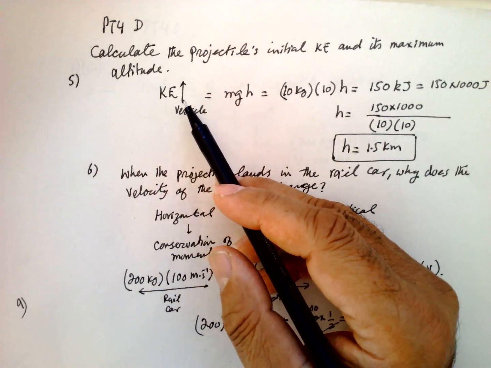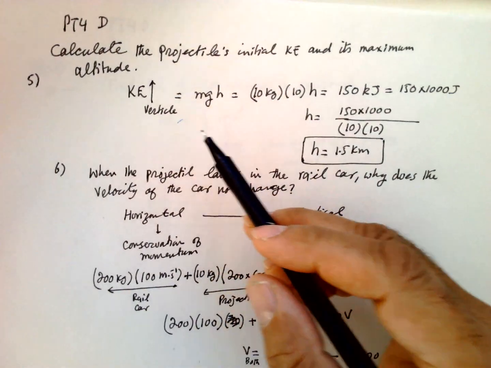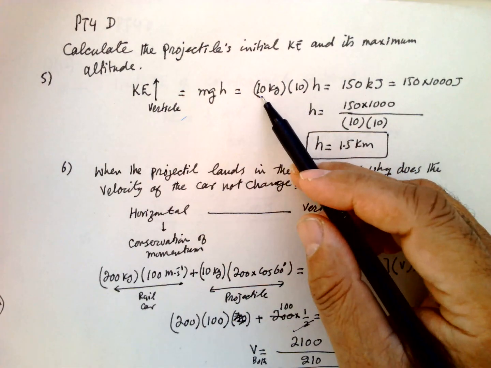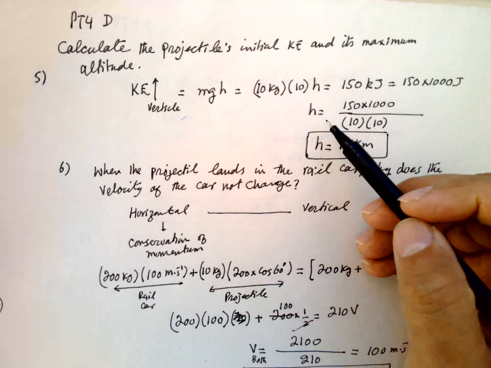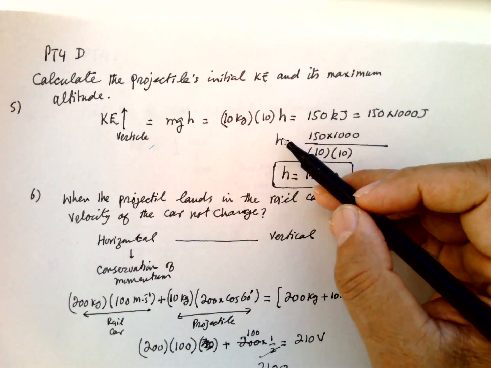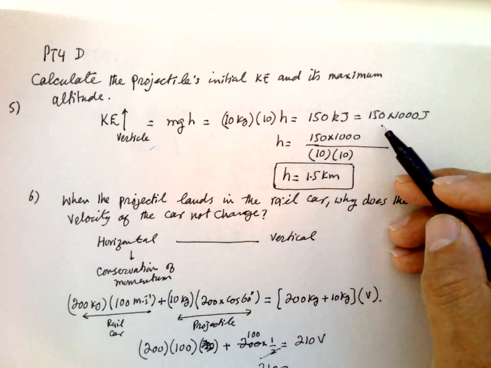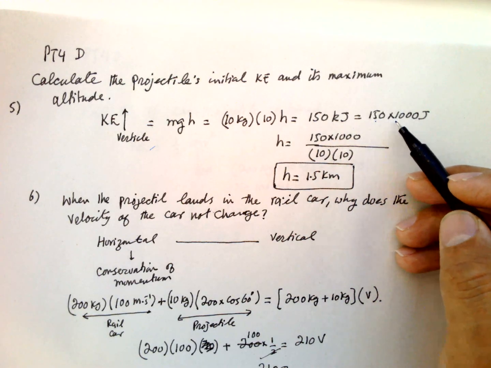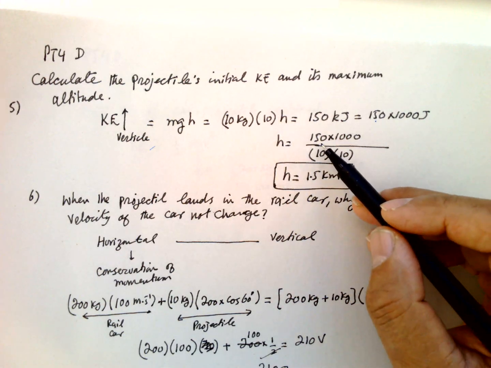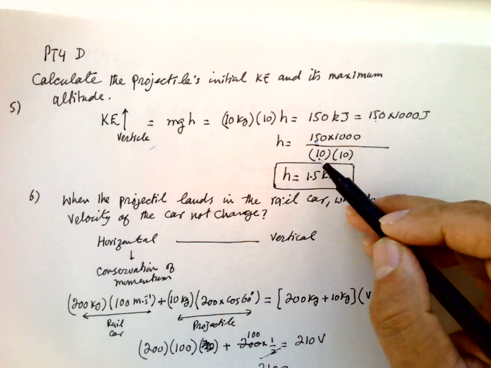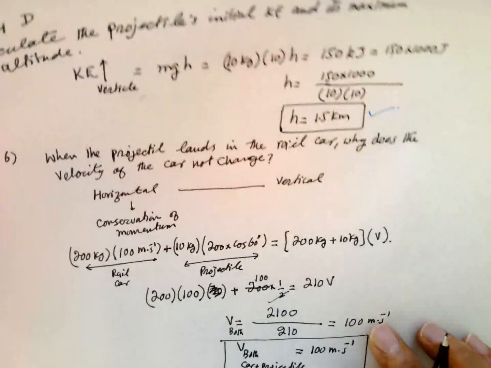Kinetic energy vertical is equal to mgh, and m is 10 kg, g is 10. The kinetic energy should be 150 kilojoules, so 150 times 10 to the power 3 joules, and h will be equal to 150 times 1000 divided by 100, which is equal to 1.5 kilometers. So this is the altitude.